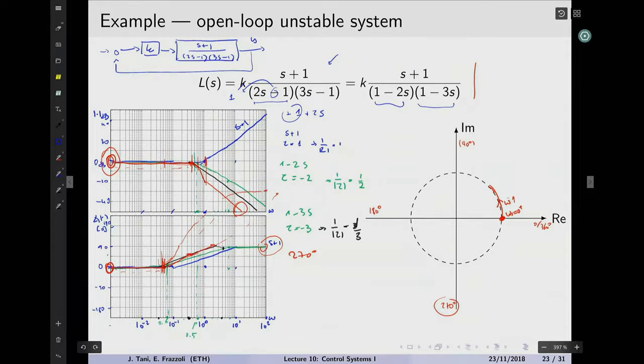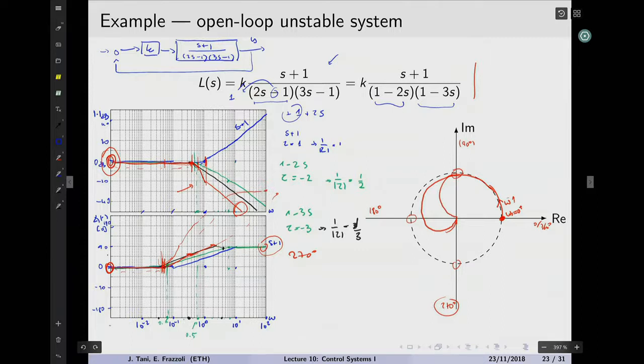This is 90, this is 180, this is 270. So it means that we are wrapping here, and then we're going to cross the others. But as we start getting closer, the magnitude decreases. The magnitude is the distance to the 0. So this basically tells us that we are falling down into the origin. But where do we get to the origin? Do we get to the origin like this? Or maybe do we get to the origin like this? Well, what is the correct solution, right?